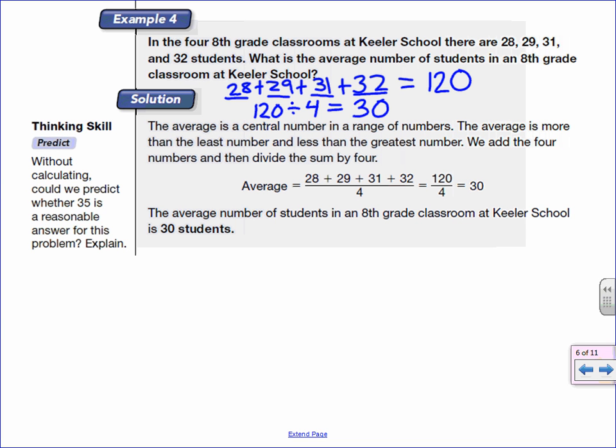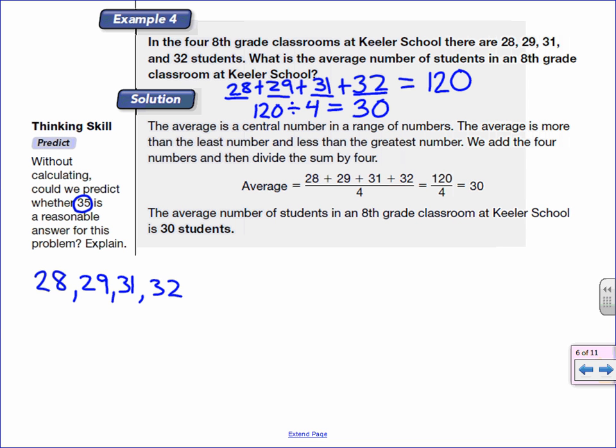So thinking skill. Without calculating, could we predict whether 35 is a reasonable answer for this problem? Well, if we hadn't already calculated it, look at the numbers. You have 28, 29, 31, and 32. So one thing that you should notice about all 4 of those numbers is that they are less than 35.